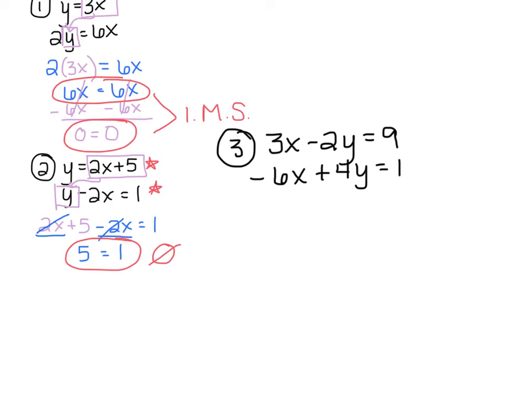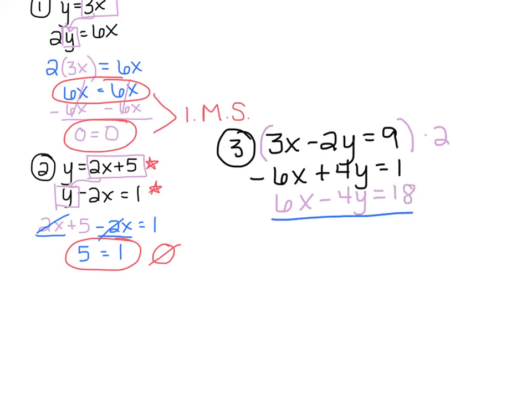Okay, this one's set up to where elimination would probably work the best, because I don't have a y equals set up really nicely, but I do have all the variables lined up. So if I focus on my x's, and I want those to cancel out, I would really love for this to be a positive 6 to cancel with that negative 6. So let's multiply the top equation by 2. Okay? And so now I have 6x minus 4y equals 18.